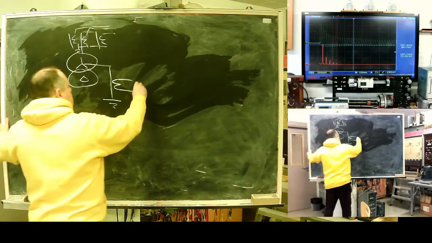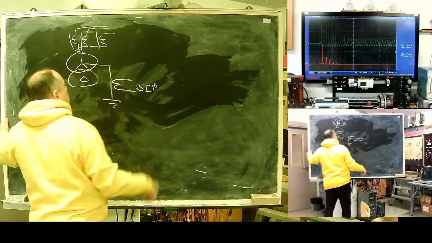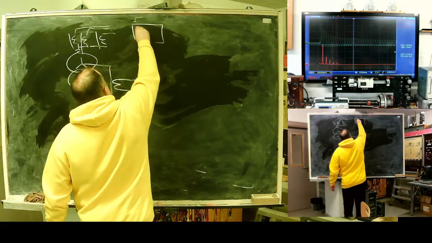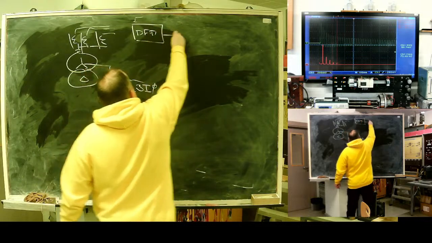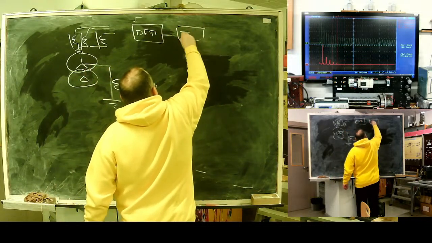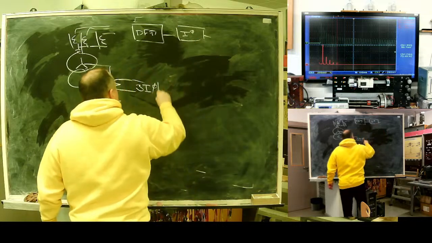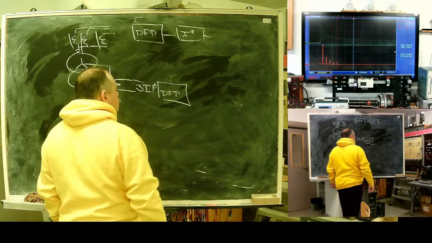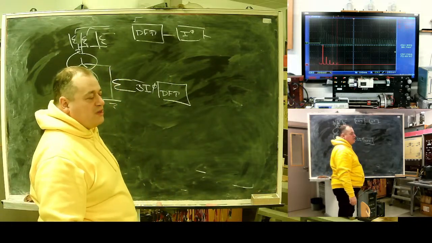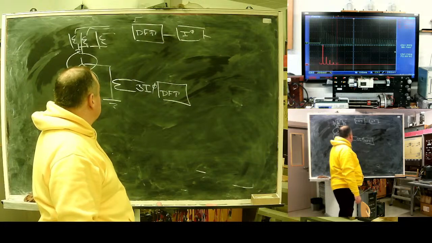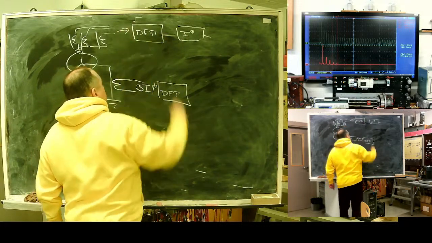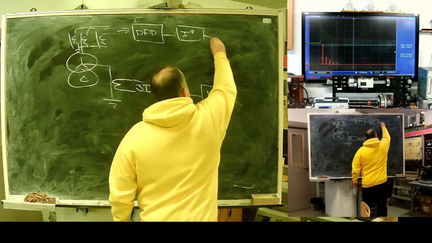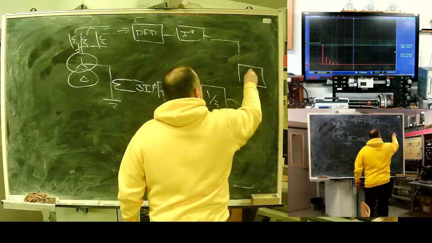This will produce triple E0. DFT, E0. Here again DFT is needed to cut third, ninth, and so on harmonics. One third delta.